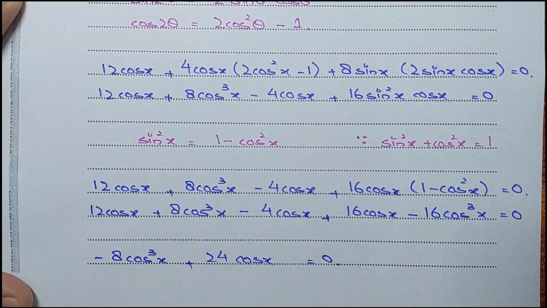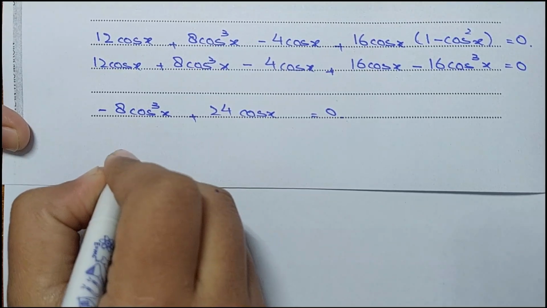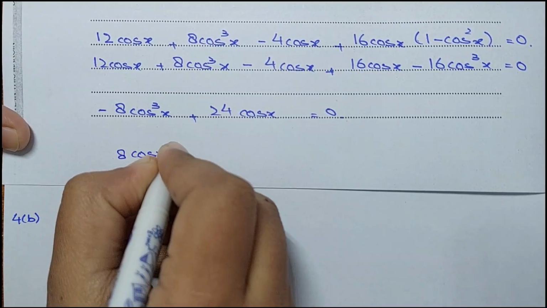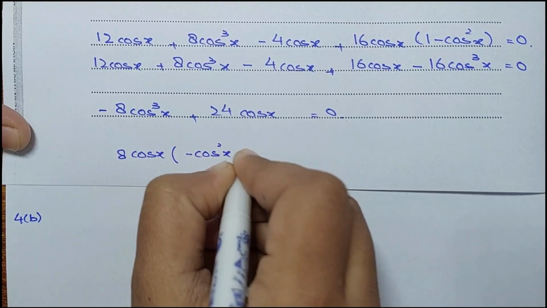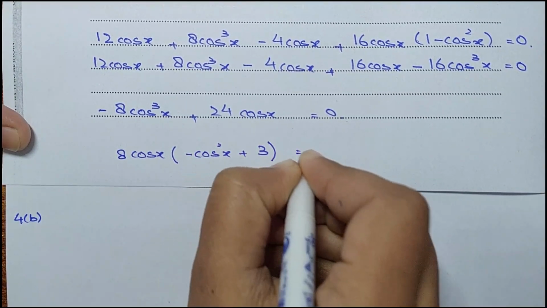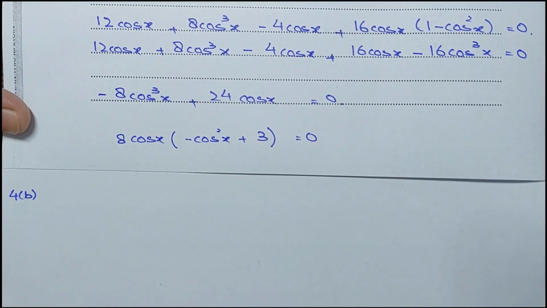equals 0, right? Now for this simplification, we can take 8 common. We can take cos x common. You're left with minus cos square x, and 8 times 3 is 24, equals 0, right? Now we need to put both the factors separately equal to 0.